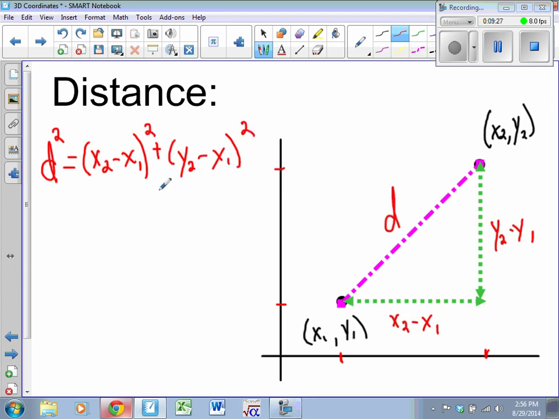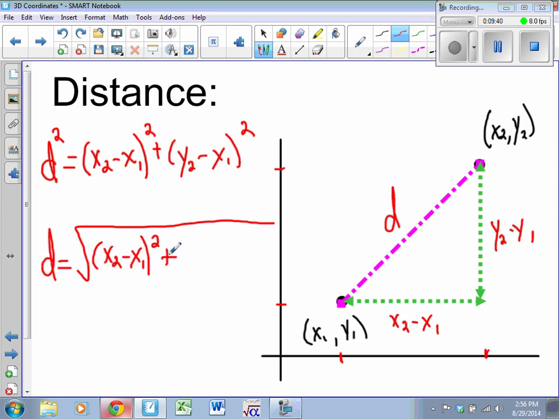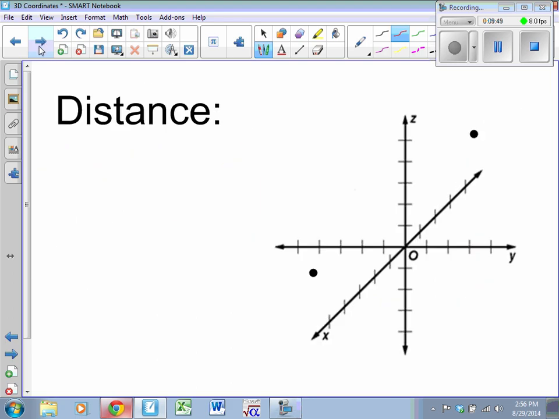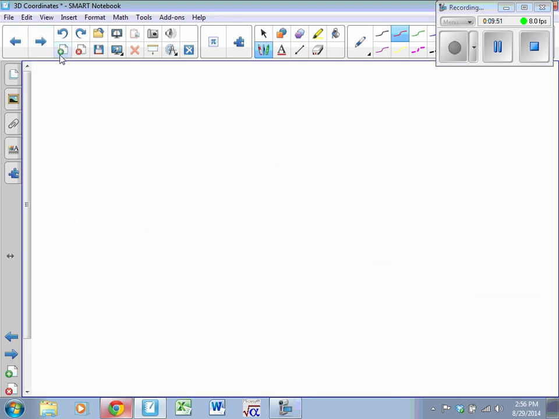I can just do the Pythagorean theorem, and then my distance is the square root of that. Now we end up with the distance formula that you all know and love from algebra, geometry, and so forth. So there's our distance formula. But you can almost get by without thinking about that, and let me show you what I mean.